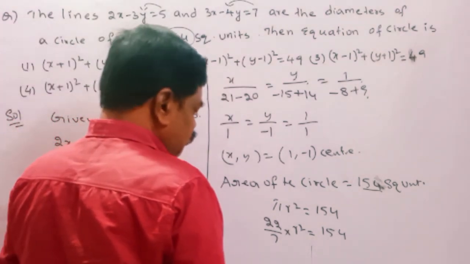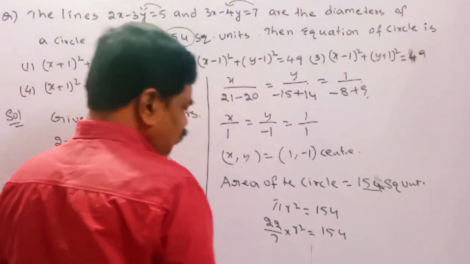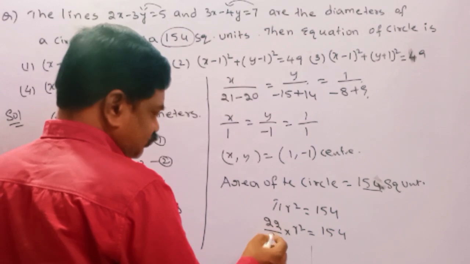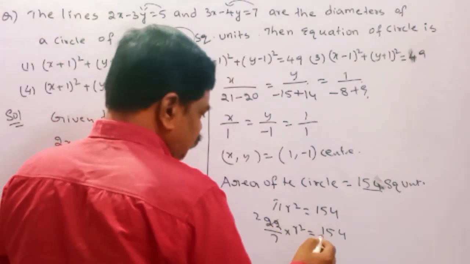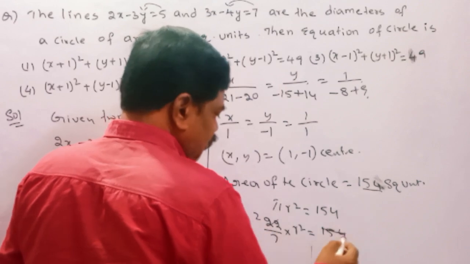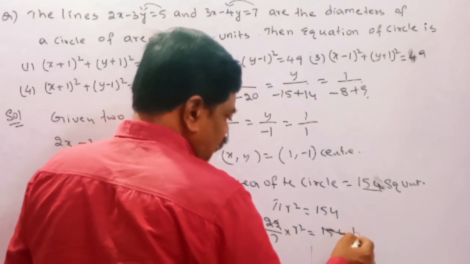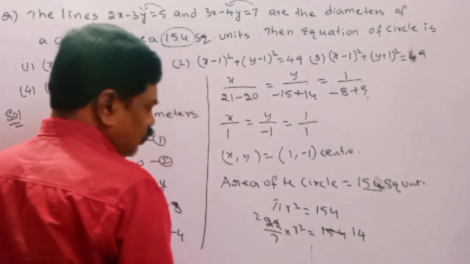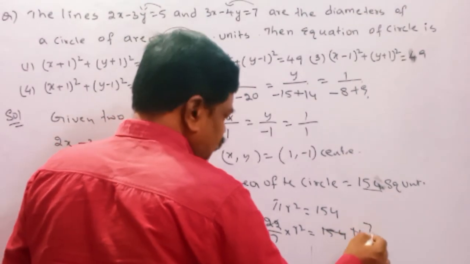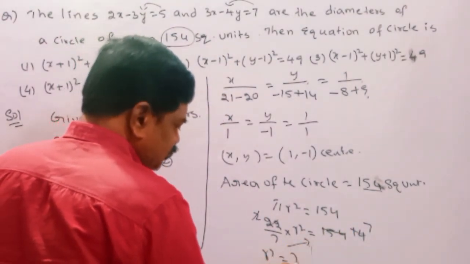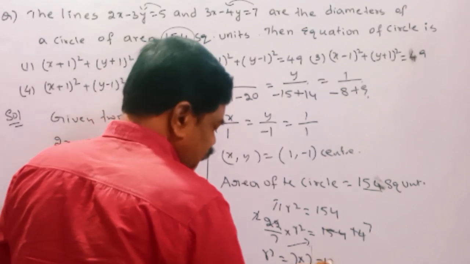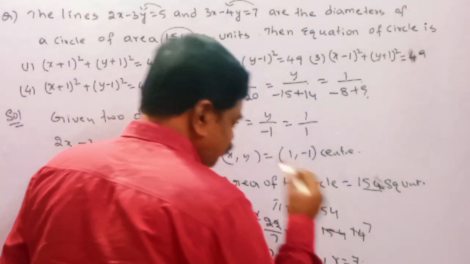Simplifying, by cross multiplication, r square is equal to 7 into 7, so r is equal to 7.